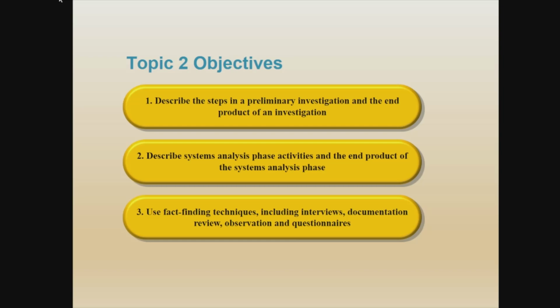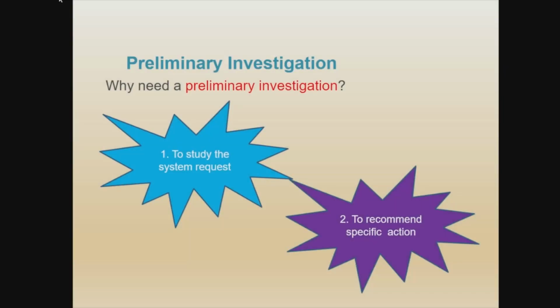Those are the activities involved in the preliminary investigation. So these are the objectives. After you know the steps and the activities, what you should do, then you can continue to do the investigation. Okay, so preliminary investigation is like a spy.